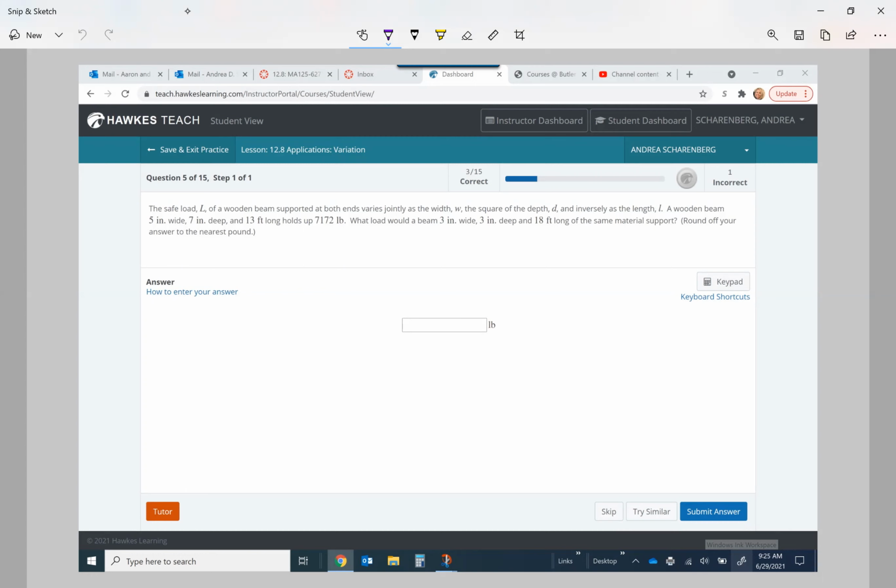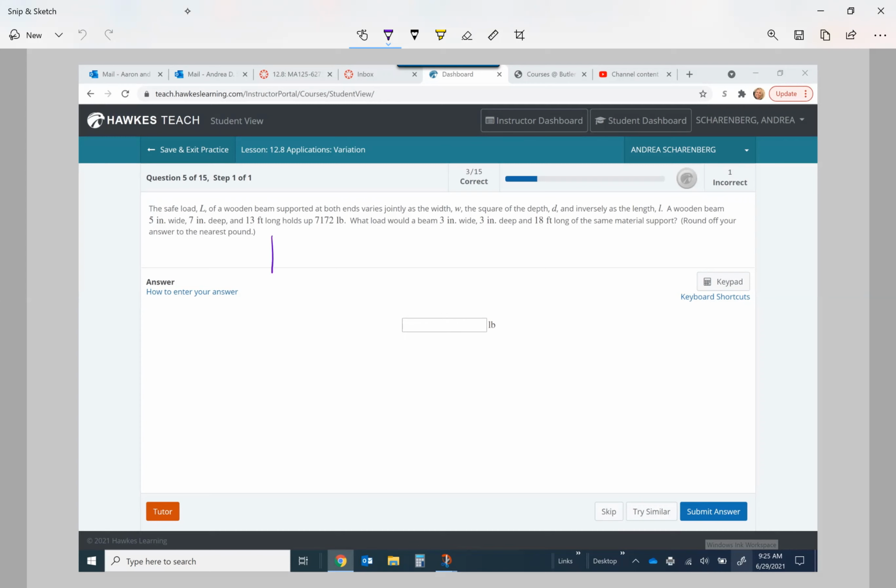With this, as you learned in the lesson, there is a constant of variation k. For me, the trickiest part is getting in the habit of knowing where to put the constant of variation k. All right, so the safe load L of a wooden beam supported at both ends varies jointly as the width, the square of the depth, and inversely as the length.